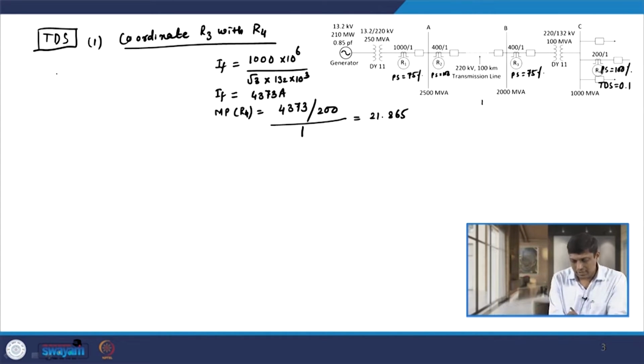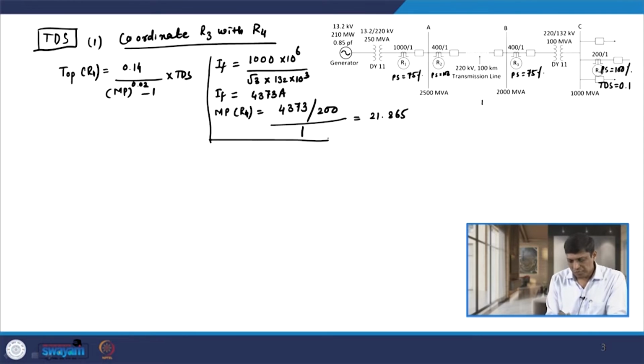Utilizing this, let us calculate the time of operation of relay R4. The equation is 0.14 divided by MP raised to 0.02 minus 1, into TDS. If I put in the values, 0.14, MP we have already calculated as 21.865 raised to 0.02 minus 1, into TDS, which is already given as 0.1.